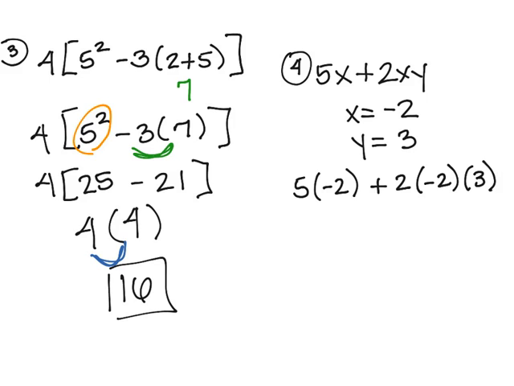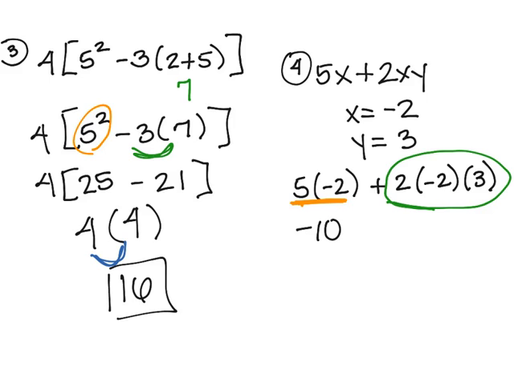And what I plugged in, I put in parentheses. Do y'all see that? So the first thing we're going to do is what? Multiply. We're going to multiply the 5 times negative 2, and then multiply all of that together. Does that make sense? So what's 5 times negative 2?